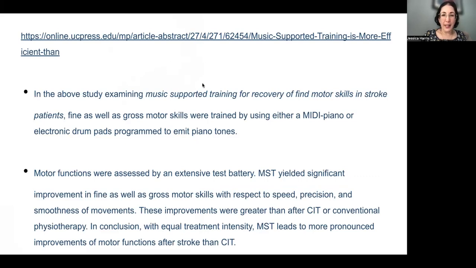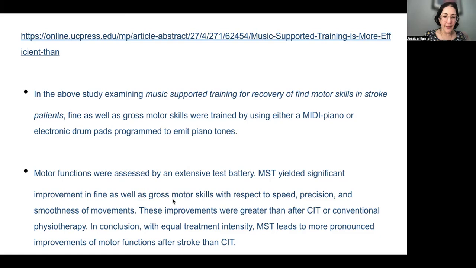So I'm going to highlight a study. Music supported training is more efficient than training without music. So in the above study examining music supported training for recovery of fine motor skills in stroke patients, fine as well as gross motor skills were trained by using either a MIDI piano or electric drum pads programmed to emit piano tones. So that was the instrumentation used. And motor functions were assessed by an extensive test battery.